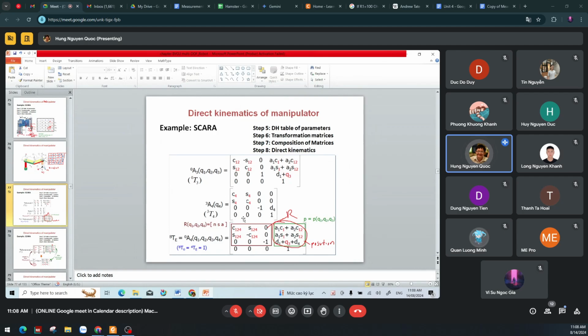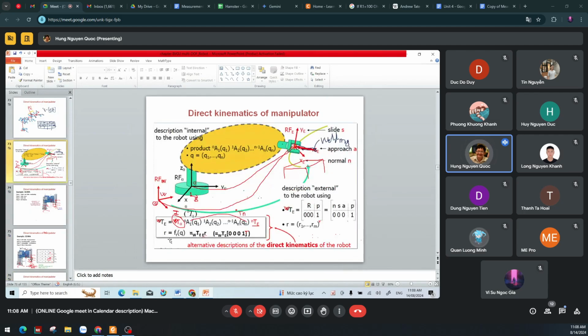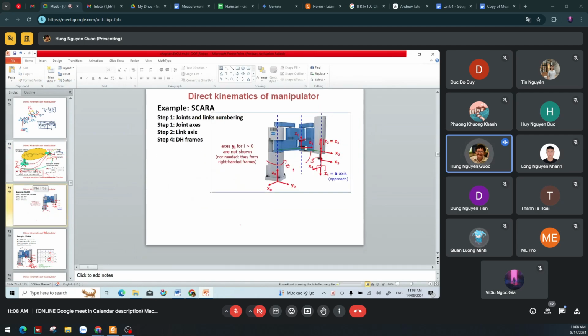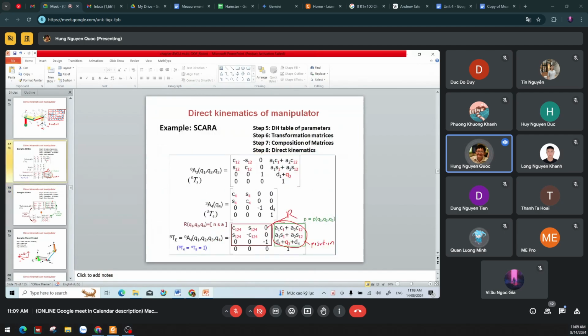And if you put them together, as I mentioned, we assume that TB0 and T4E equal to I. I mentioned if we assume this equal to I, that means the global frame and this one are the same, put at the 0, and the end effector also the same.